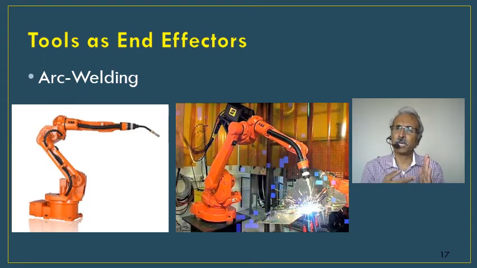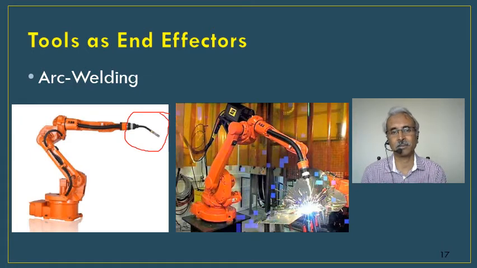Which is practically very difficult for a human to do, especially in the case of critical weldings. So that is exactly where robots play a major role. Again, here you can see, as I told you, in place of a gripper, a welding torch has been attached, and on the right hand side you can see an ABB robot doing the welding job precisely.